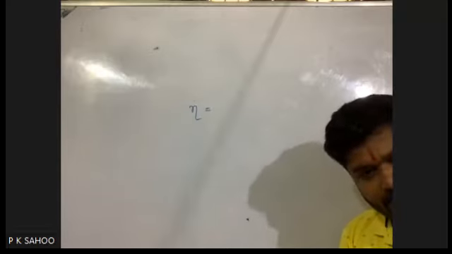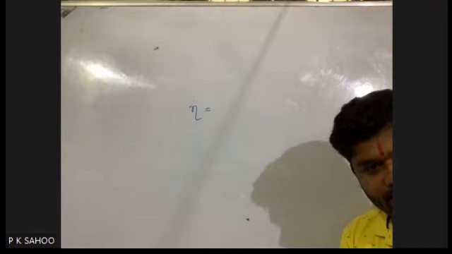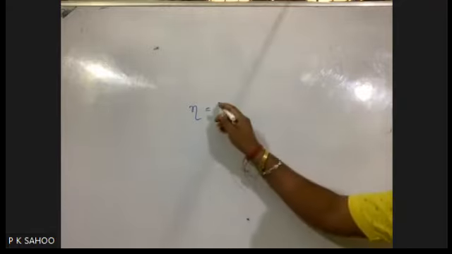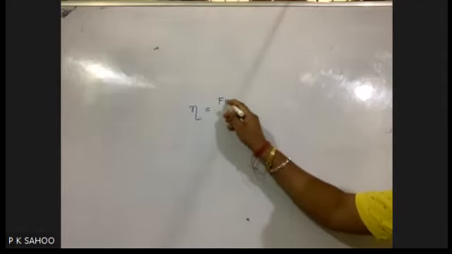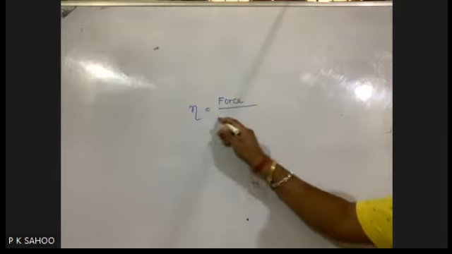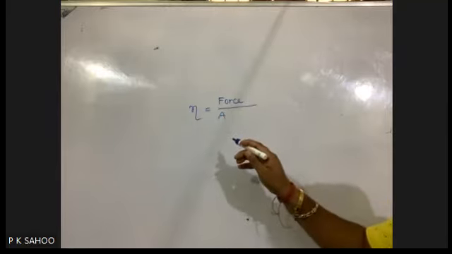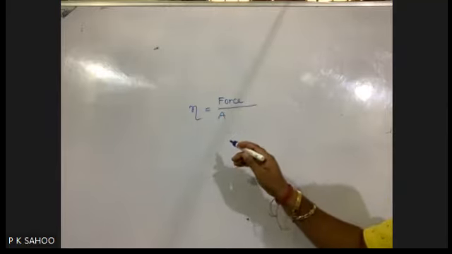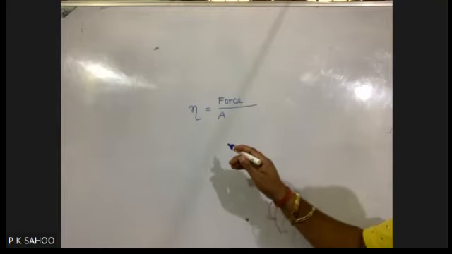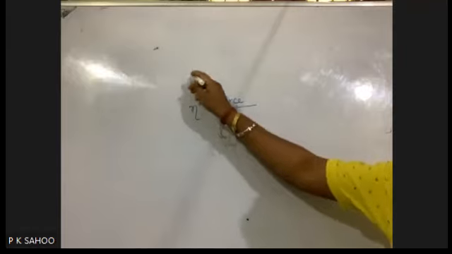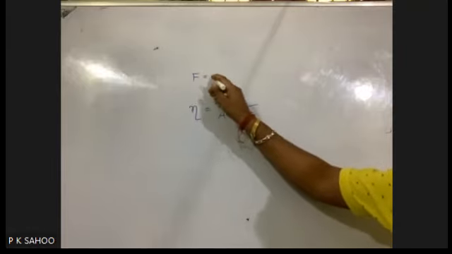Yes, sir. Force by area into velocity gradient. Force by area, then eta into velocity gradient. Okay, I'm writing the main formula from where it actually comes.